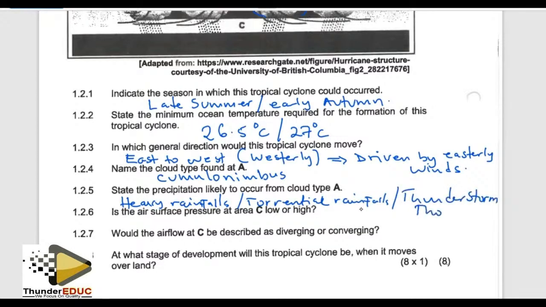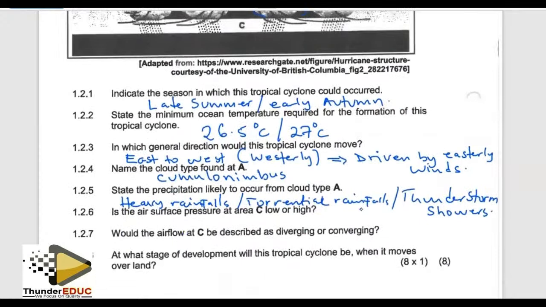So basically, we say heavy rainfalls, torrential rainfalls, or thunderstorm showers, etc. Okay.